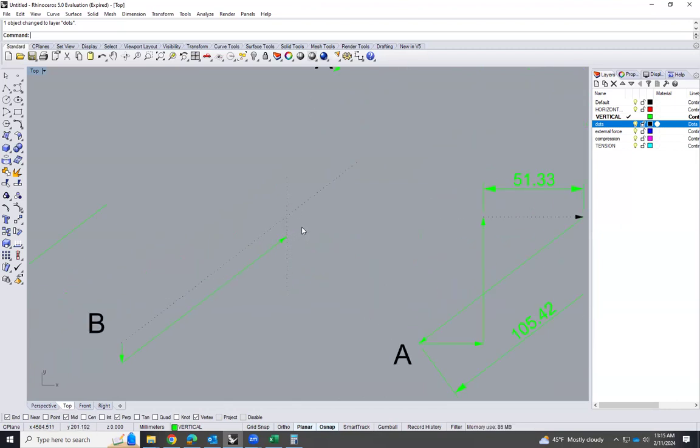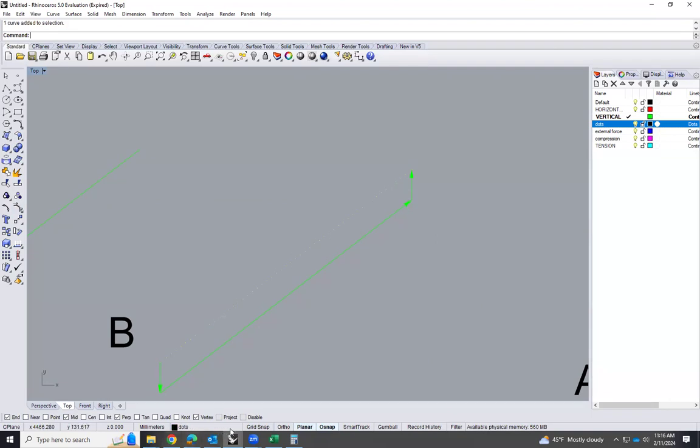So that one is going to be this one, having this intersection here, and the other one, I'm going to chamfer this and that. So the arrow here has to go up.